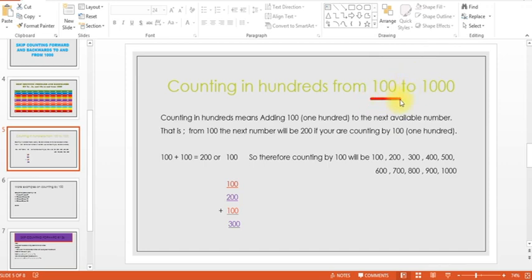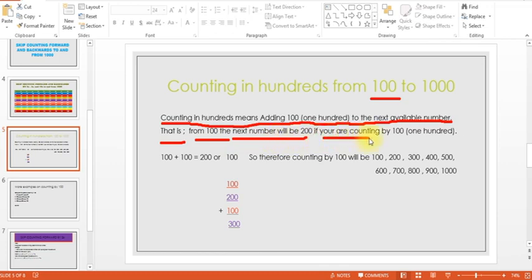Let's look at the clue here. Counting in 100 means adding 100 to get the next available number. From 100, the next number will be 200 if you are counting by 100.